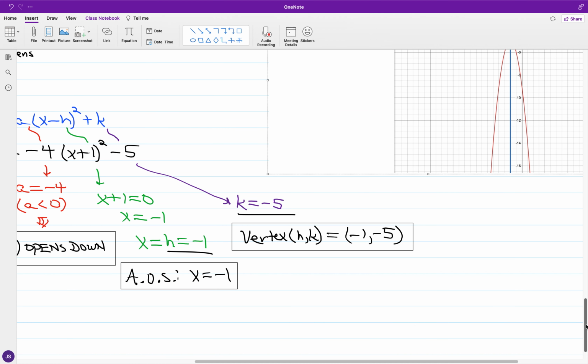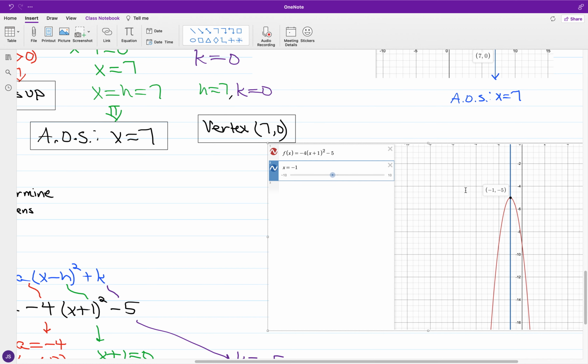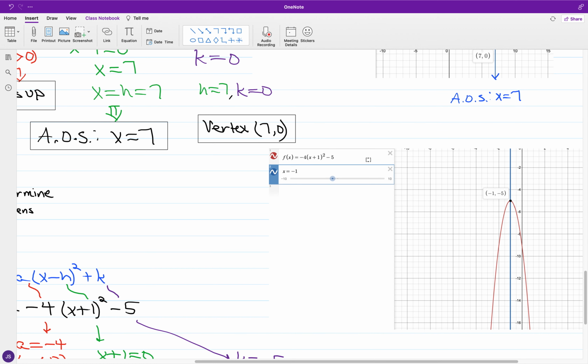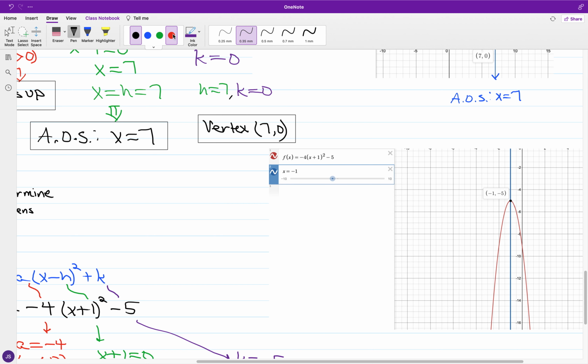And so for this particular layout, you have the graph of y is equal to f of x is equal to -4 times the square of x plus 1, followed by the subtraction of 5. And the graph is opening downward.